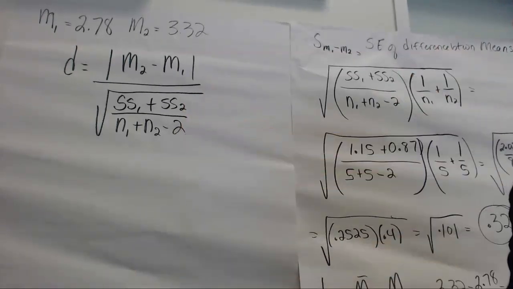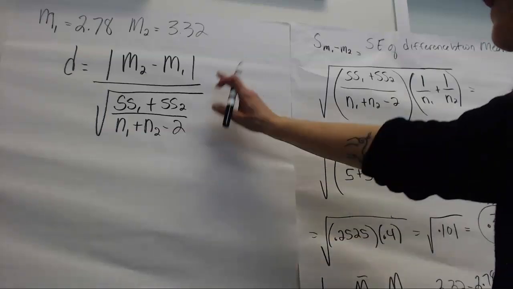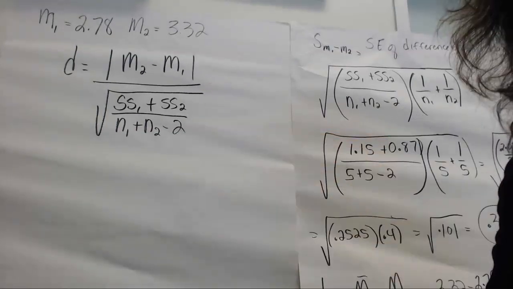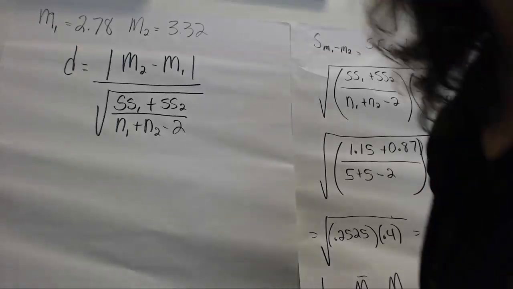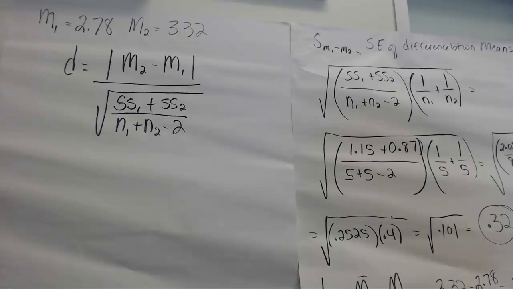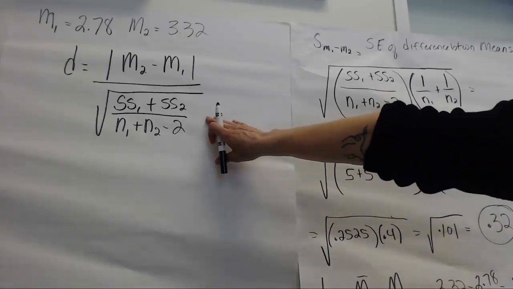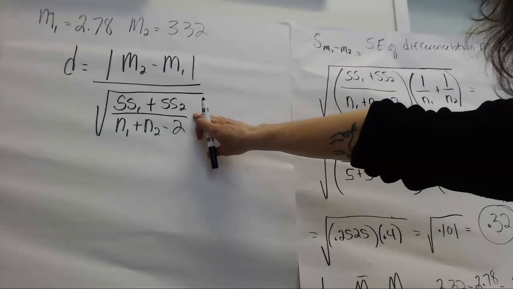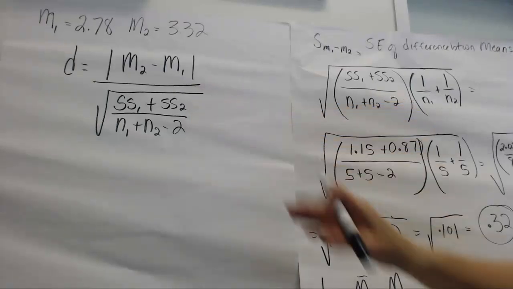So essentially, it is the difference between means divided by the standard deviation. But if you were paying attention, you should notice that that part of the formula, that standard deviation formula, is actually quite familiar, right? Because this is representing the average standard deviation for the two independent groups.